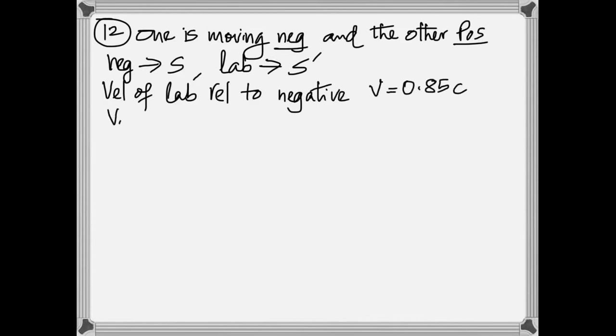It's going to be positive. Why? Because the lab is not actually moving, but this particle is moving in the negative direction. So if you were on this particle moving in the negative direction, wouldn't it appear as if the lab was moving in the positive direction? Yes. So that's why it's positive 0.85 c.